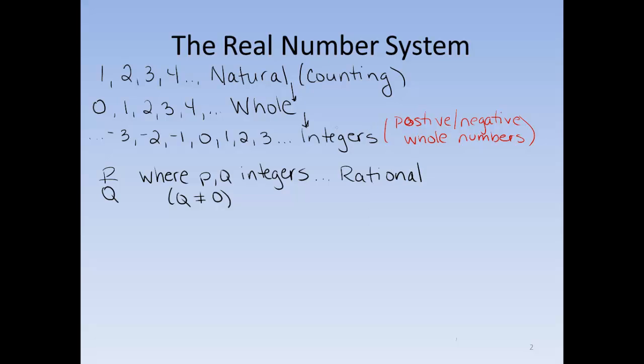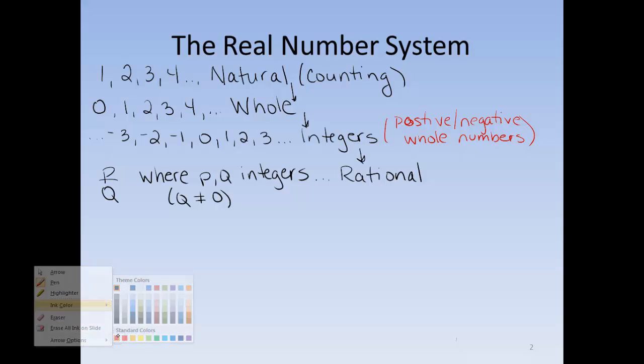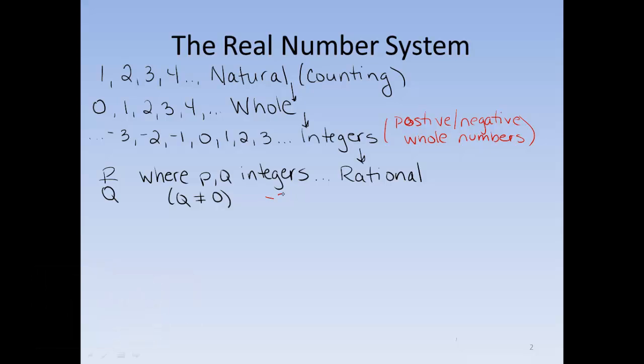Like everything else, the integers are a part of the rational numbers, because I can take any integer, such as -3, and put it over 1, making it a fraction P over Q. Other rational numbers are things like 5 over 7, or 24 over 13.